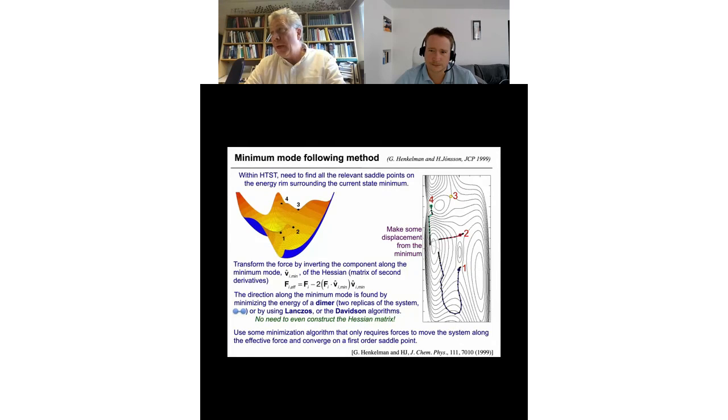So then we have some test problems where we really worked very hard to find all the saddle points, and then we can check and see how many energy and force evaluations we need to find all the relevant saddle points. There's a website with benchmarks that we developed to test these things.